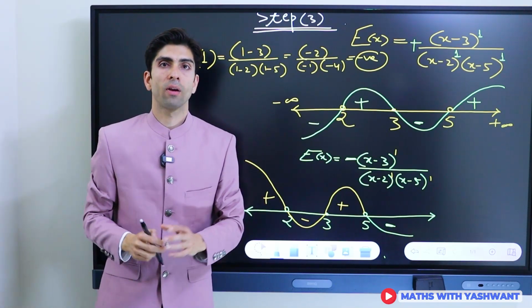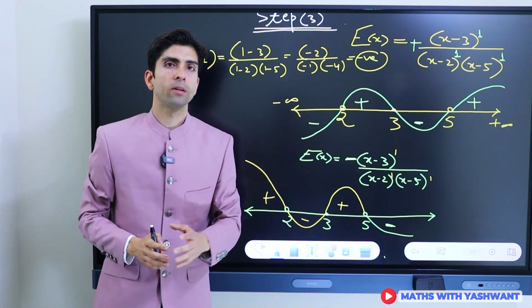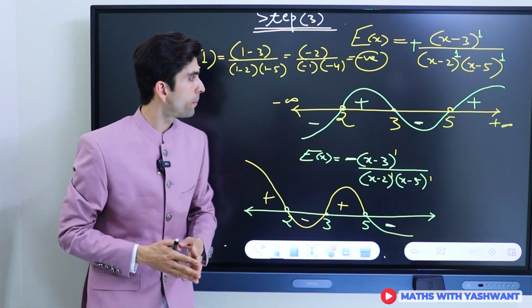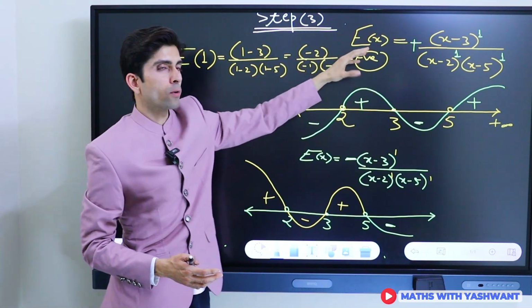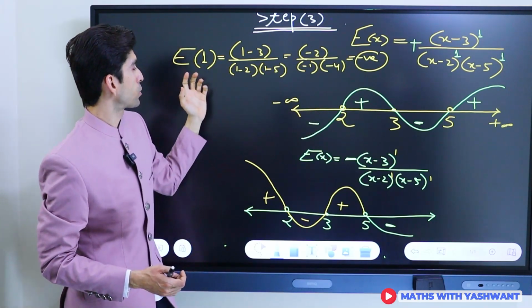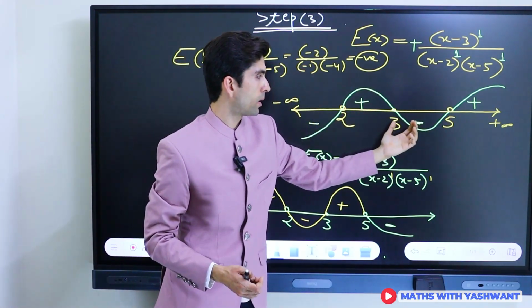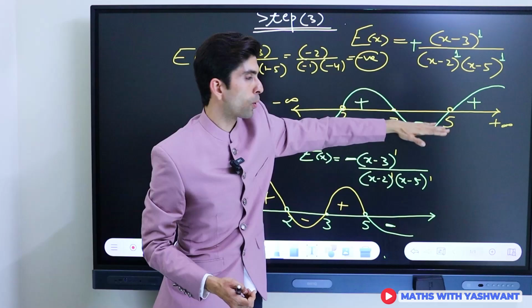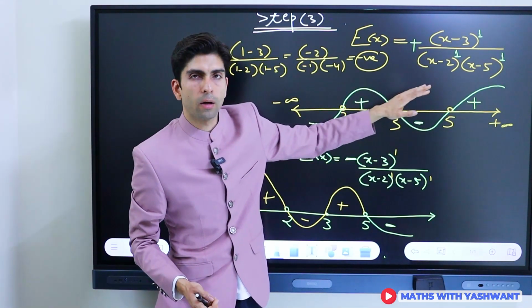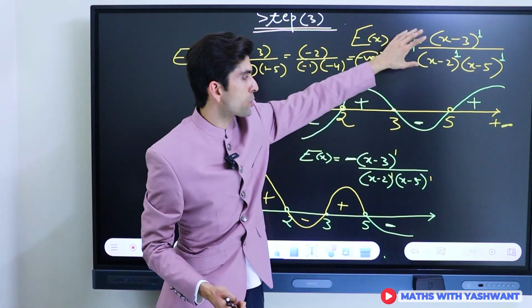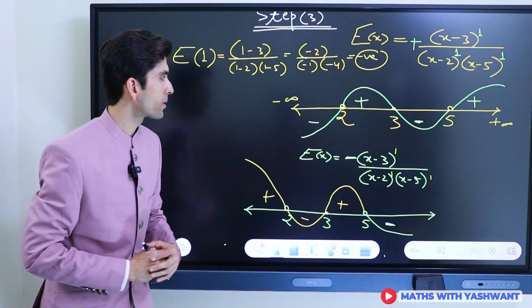This is what the wavy curve tells us, and I have already spoken about all this in the beginning. So we have a negative, and this is what we're supposed to get. Also if you put any value from the interval 3 to 5, because the wavy curve is below the number line and we have a negative sign here, all the values that we get for the expression will be negative in nature.